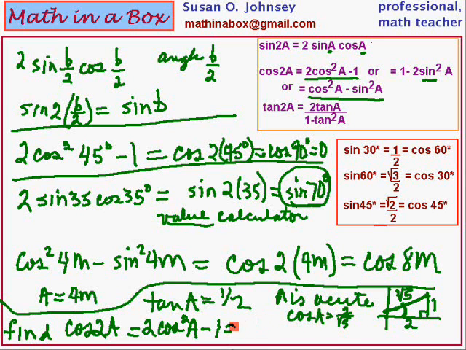I need to square that. That'll give me 4 over 5, so we have 8/5 minus 1. And to get a common denominator, our final answer would be 3/5. So the cosine of 2a is 3/5.